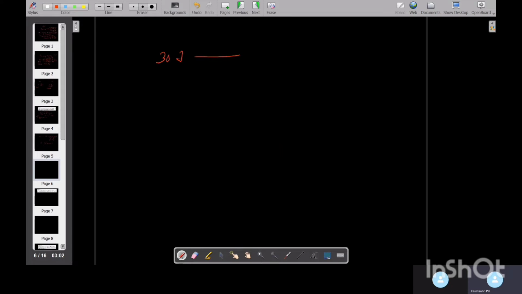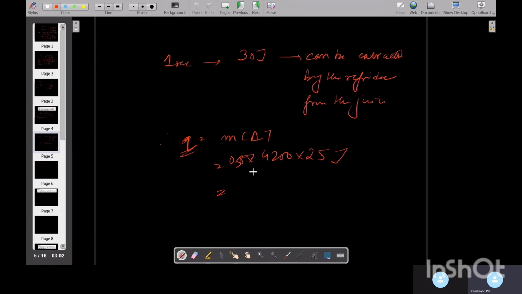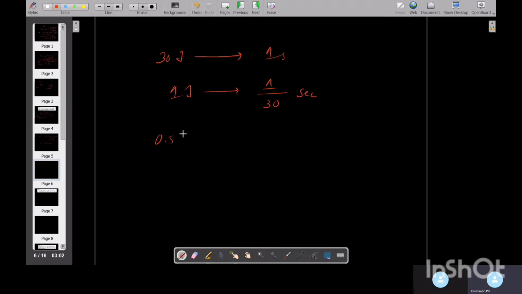See, 30 joules can be extracted in 1 second, right? So 1 joule can be extracted in 1 by 30 seconds. Okay, now let us look at this figure. 0.5 into 4200 into 25.